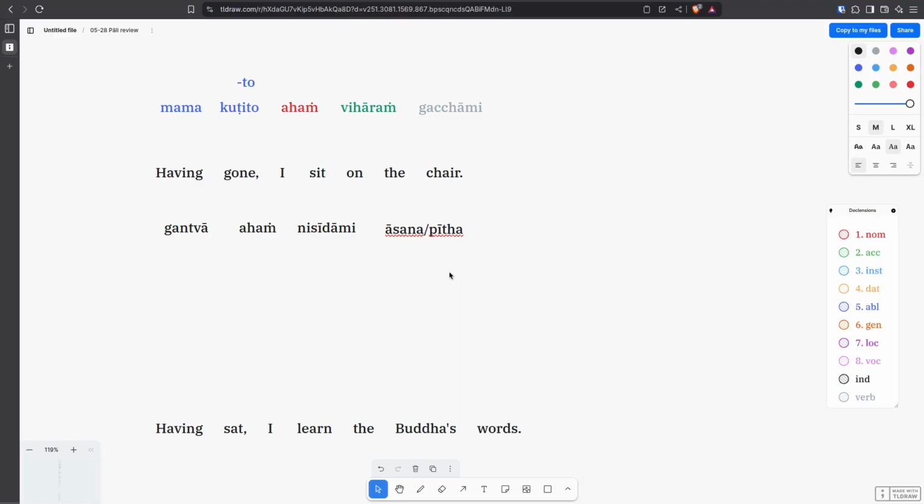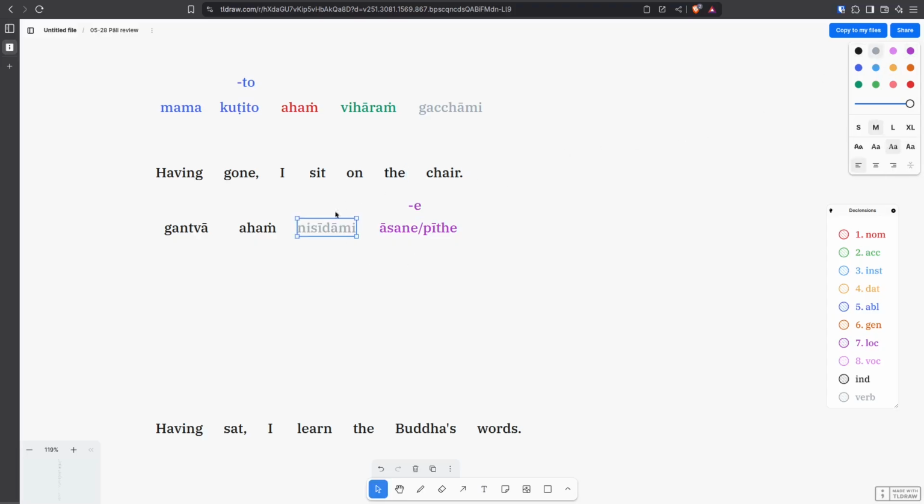Locative, the place. Locative declension. This is the ending: asane or pite. Pite, okay. That locative is recognizable easily: if it's a masculine, then it ends with an e. So asane, pite. This means on the chair.